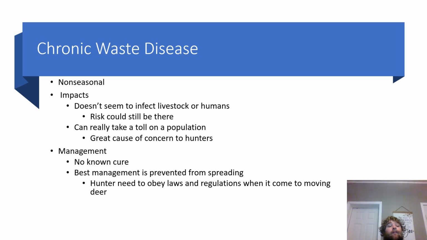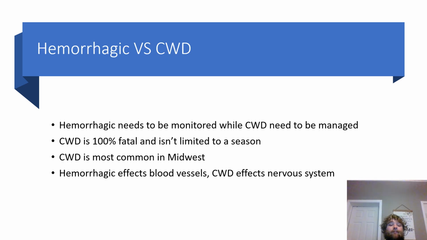If hunters do this and do the right thing and are respectful of the laws and regulations, then it will prevent the spread of chronic wasting disease to a very great extent. If they are not moving deer that could possibly be infected over state lines, or harvested deer over state lines or over county lines, whatever the laws and regulations may be for their area, this will go a great deal in preventing the spread of chronic wasting disease.